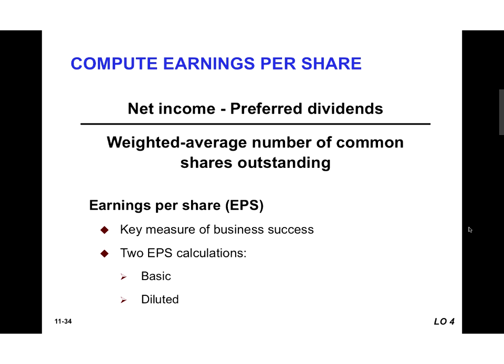So we have how much is available to the common shareholders in the numerator, and then the denominator is going to be a weighted average number of common shares outstanding. This says that if you have a beginning of the year, end of year, sometimes you do an average. If a company had a lot of stock outstanding the whole year except for 1 month, they weighted it. Notice it's outstanding. That means treasury stock is not included. So you don't do earnings per share on the stock of your own that you own.